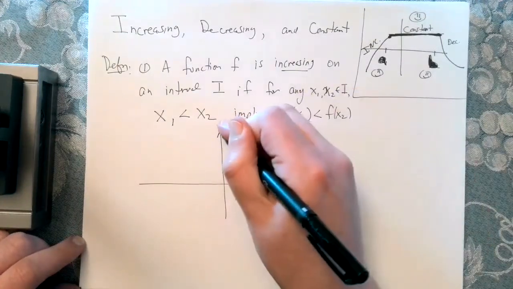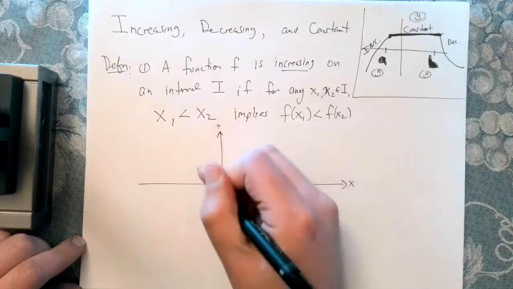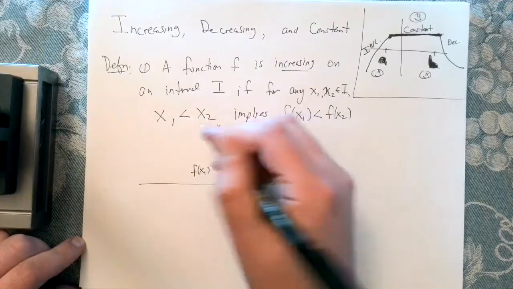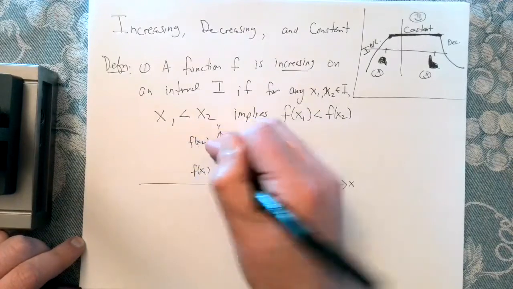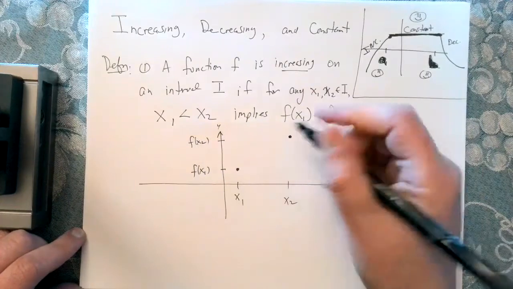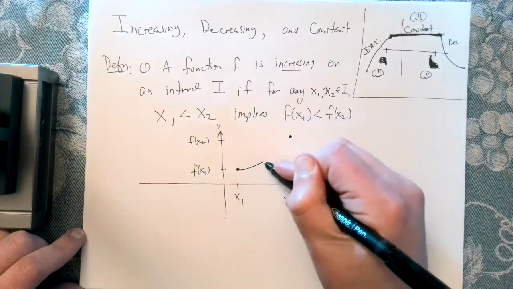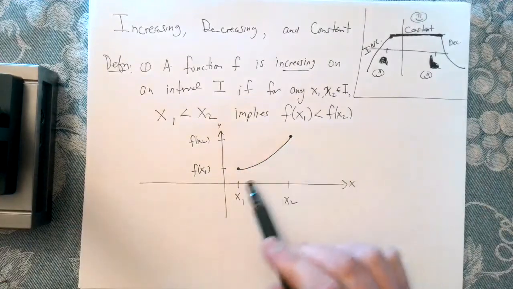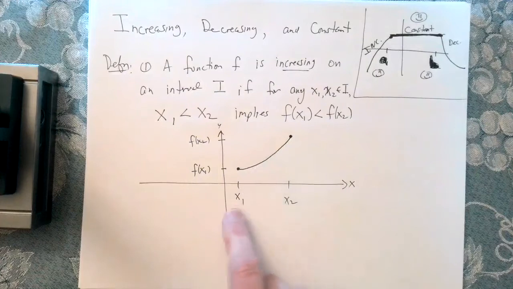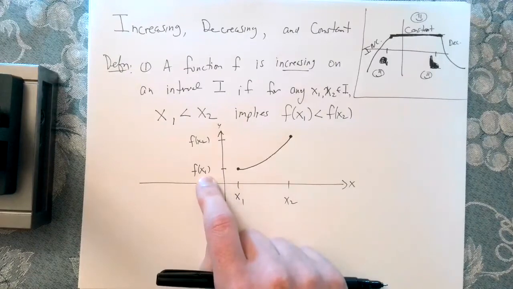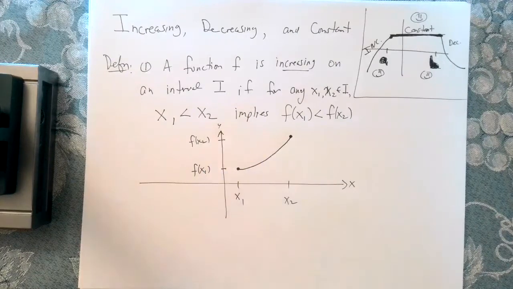So f of x1, let's say that's here. f of x2 is here. And yeah, my function is increasing. So if x1 is less than x2, that implies that f of x1 is less than f of x2, then my function is increasing.